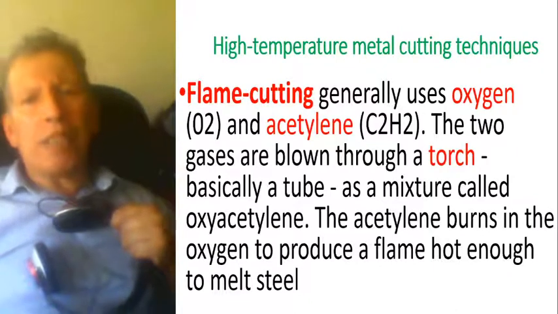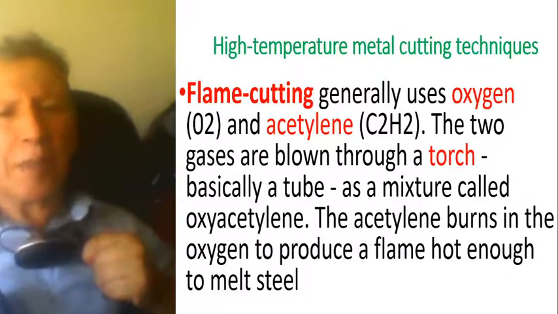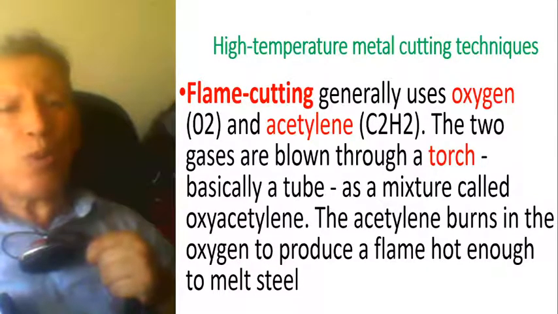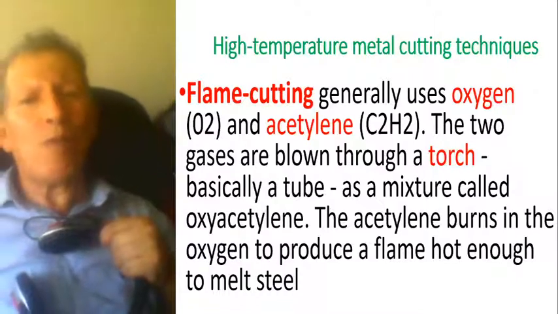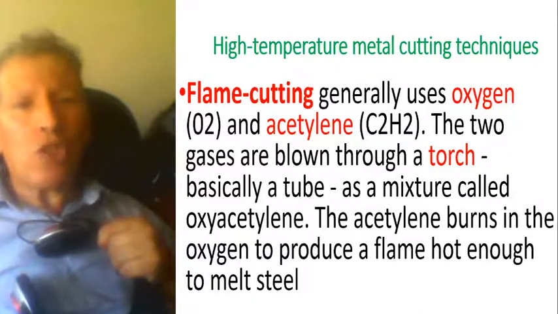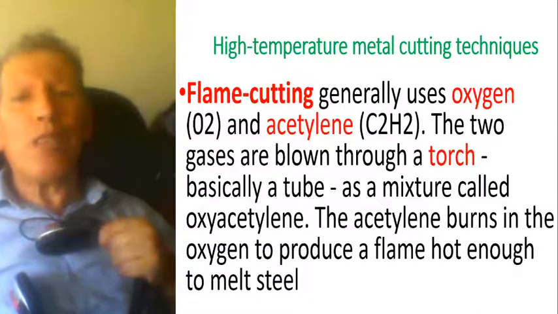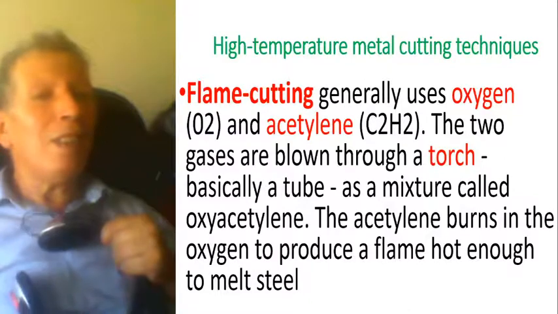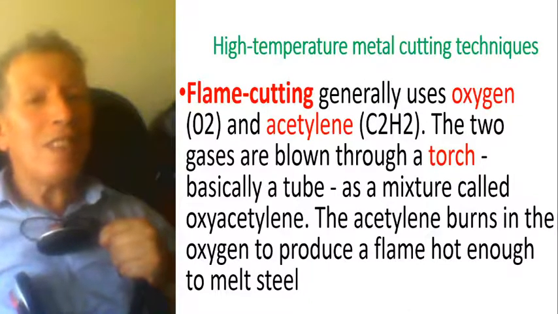High temperature metal cutting techniques. So in the previous cases we have seen the use of force as a means of shearing or punching as a means of cutting metal, of machining workpieces.